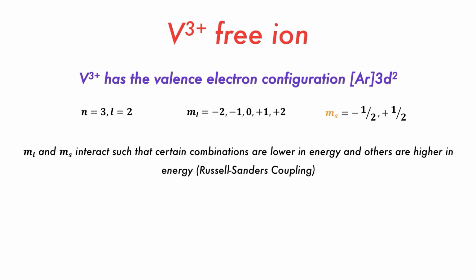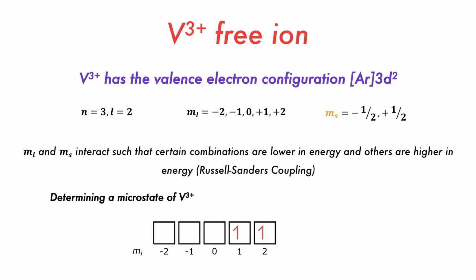This is important because ml and ms can interact to give some configurations which are lower in energy and some which are higher in energy. So now, due to this Russell-Saunders coupling, we must determine every single microstate. But the good news is that once you figure out the microstates for vanadium 3+, the same microstates can be applied to other d2 ions in group 5, such as niobium, or any d2 ion.